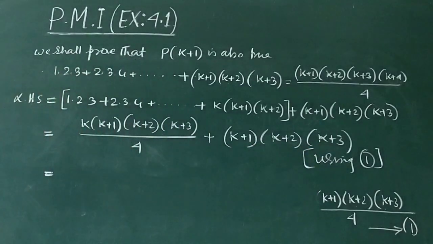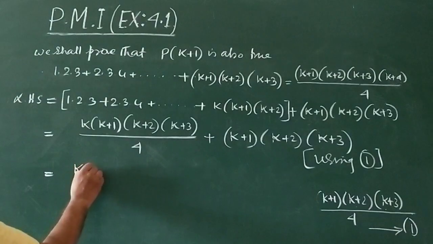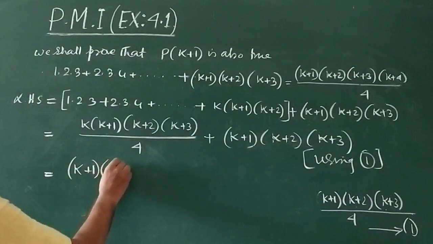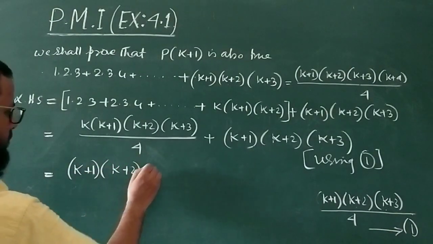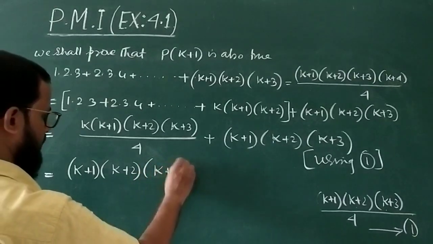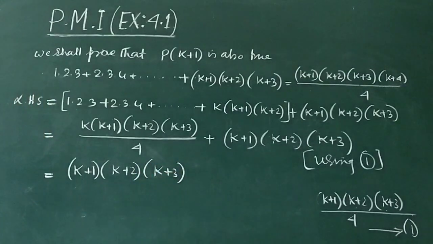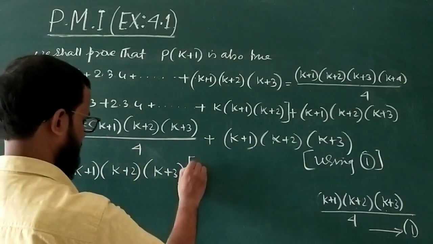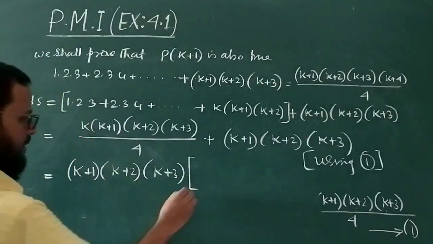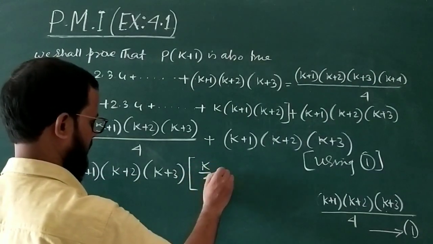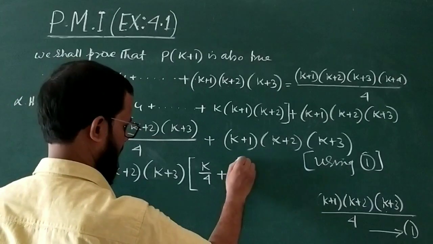So you can take common k plus 1 into k plus 2 into k plus 3 from both these terms. दोनों term से कॉमन ले सकते हो. इसमें क्या रह जाएगी? k by 4 and here will be only 1.